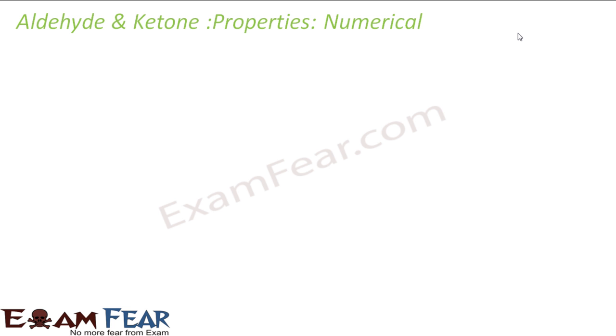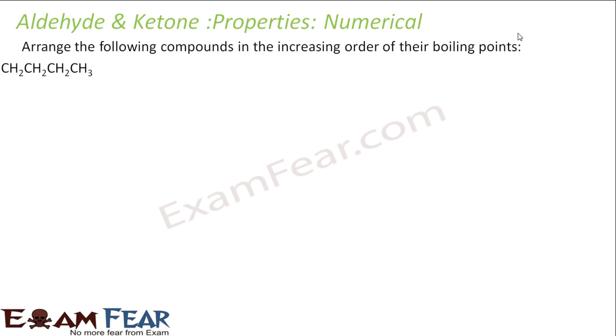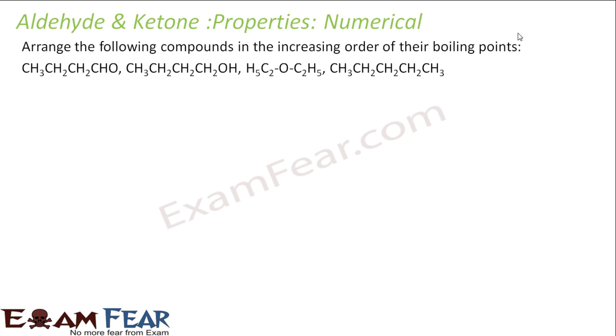Now we'll take some numericals for properties of aldehydes and ketones. We have to arrange these in the increasing order of boiling point. First, let's see the molecular mass. How many carbons does each of these have? 1, 2, 3, 4 carbon. 1, 2, 3, 4 carbon. 1, 2, 3, 4, 5 carbon, but no oxygen. And each of the others has an oxygen. So almost they have comparable molecular mass.